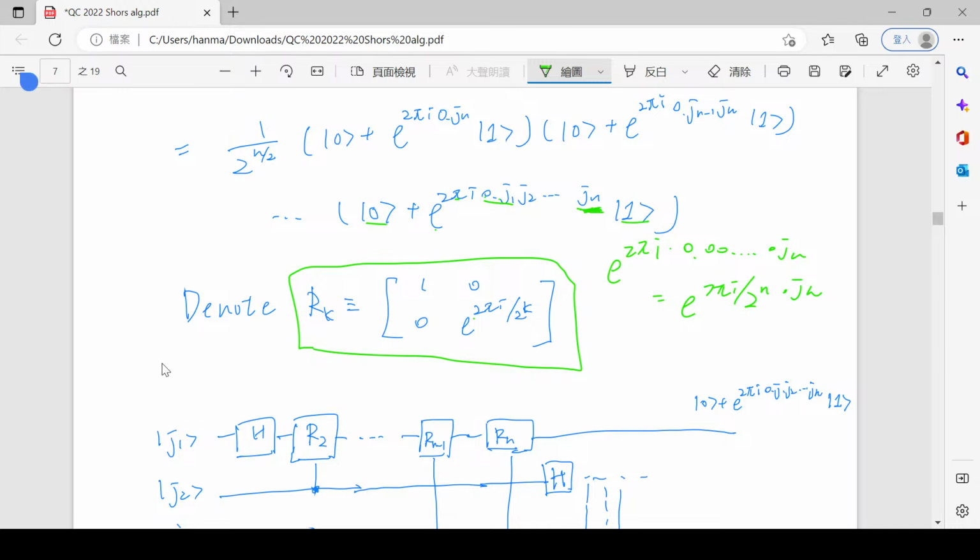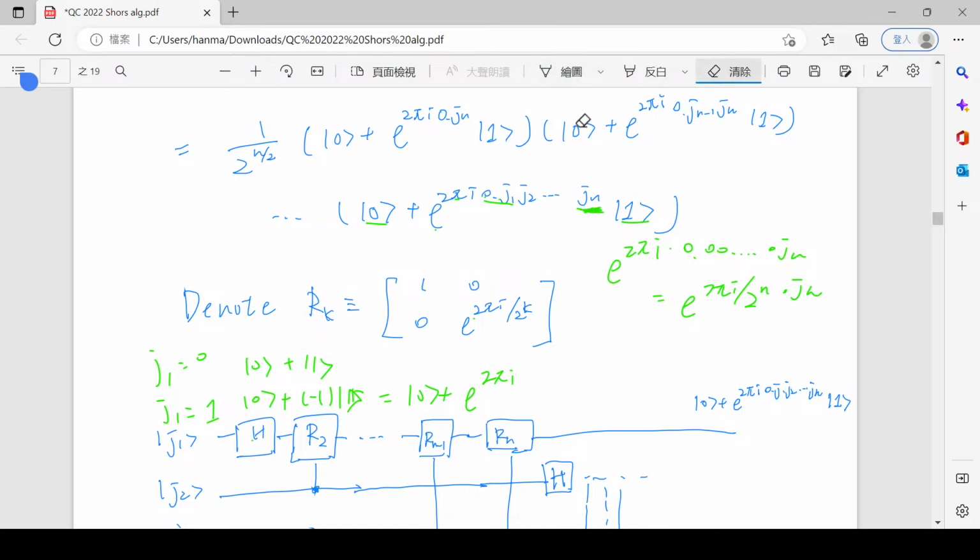Because let's do this a little slower. If J1 equals 0, then Hadamard becomes the plus state, so that's 0 plus 1. And if J1 equals 1 and you do Hadamard, it becomes 0 minus 1, right? And that's 0 plus e to the 2 pi i 0 point, okay, 2 pi divided by 2.